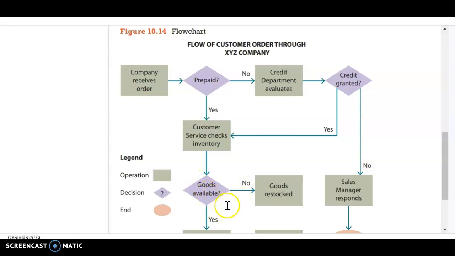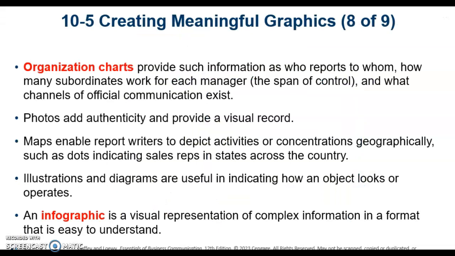So the diamonds here designate decision points, and then the rectangles represent major activities or steps. Organization charts provide information as who reports to whom, how many subordinates work for each manager, which is the span of control, and what channels of official communication exist. And photos add authenticity and provide a visual record.